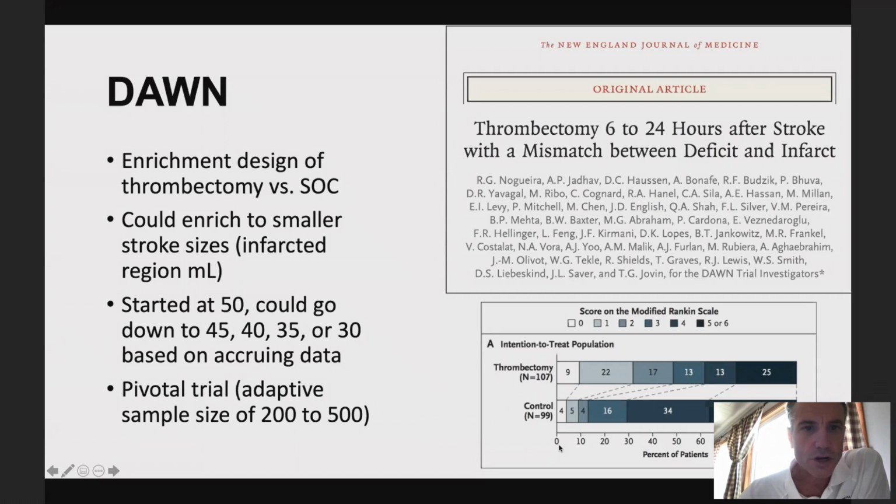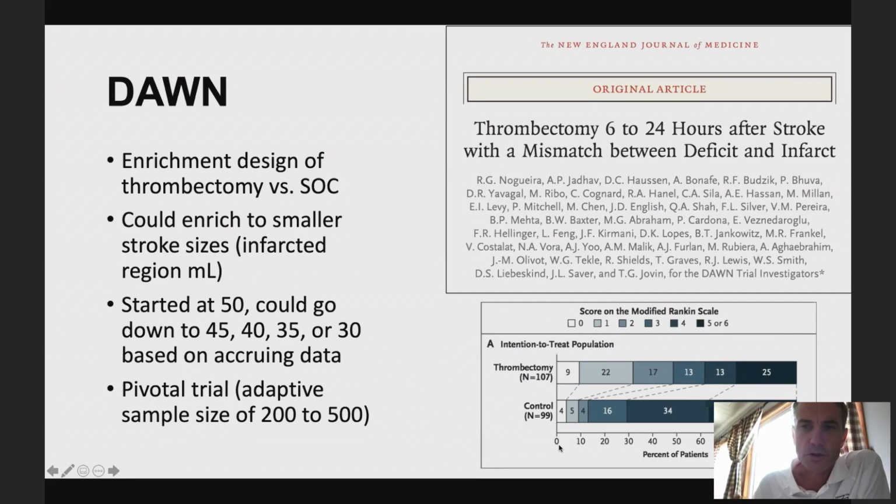The DAWN trial was a thrombectomy trial versus standard of care drug therapy. These devices, these clot-clearing devices, were approved from 0 to 8 hours. The question is, are they still effective when the patient is up to 24 hours since last seen well?